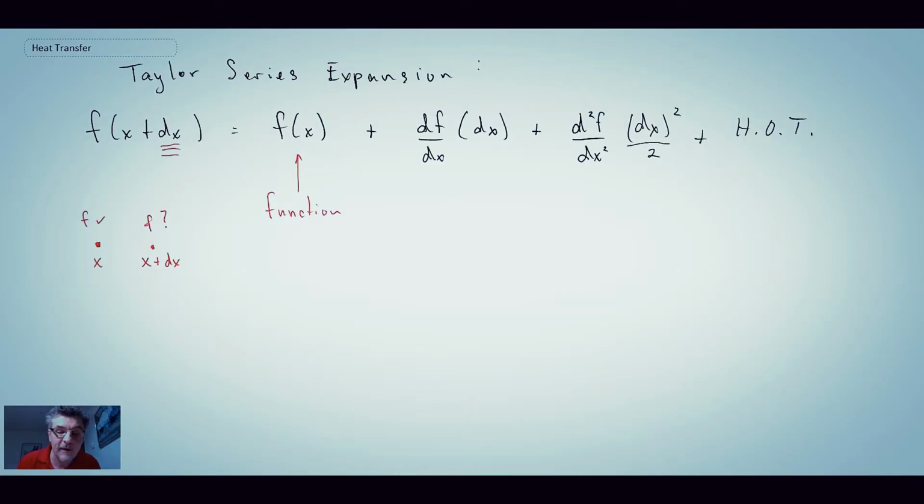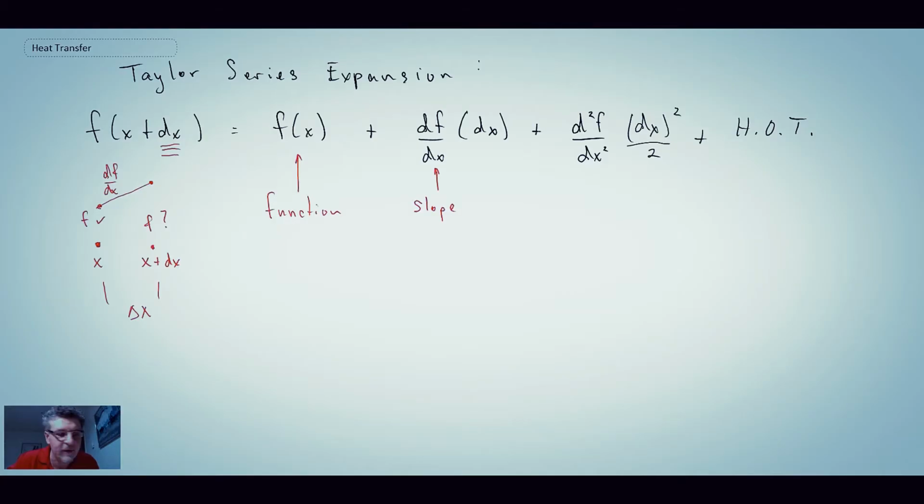And this is in terms of a one-dimensional expansion, so in one direction. What we're saying is that we take the function plus the slope of this function, multiplied by dx, which is the distance between these two points. So if we know the slope of the function, that is the change, df by dx, and we multiply it by this distance, delta x, that enables us to determine the value of the function at the next point.